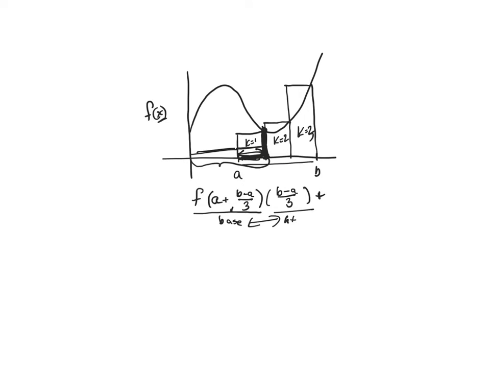Plus, okay, so this is going to be very similar, right? I'm going to get f of, well, here, let's do that part second. My base is going to be the same here, still the length of b minus a over 3. And on the inside, I want that a to start with, and then how many b minus a over 3s?